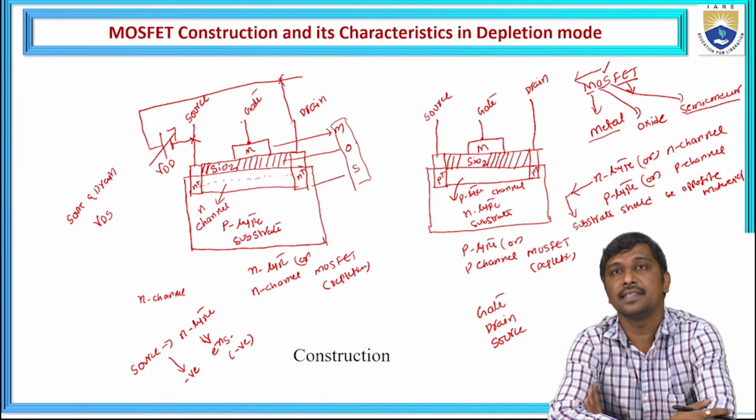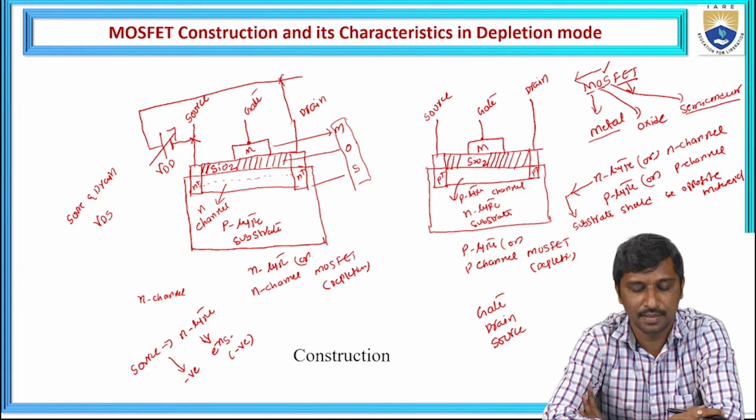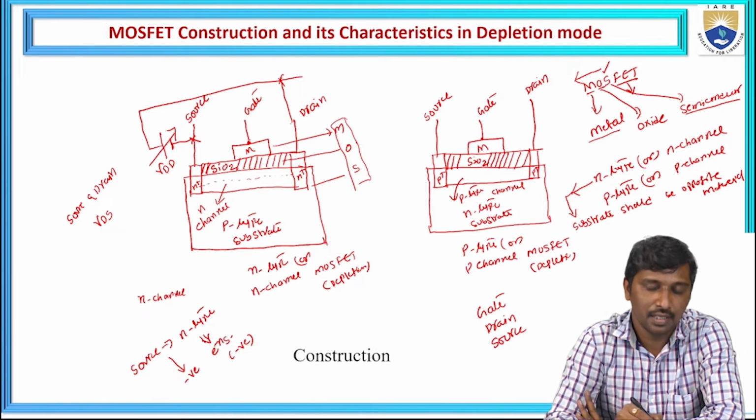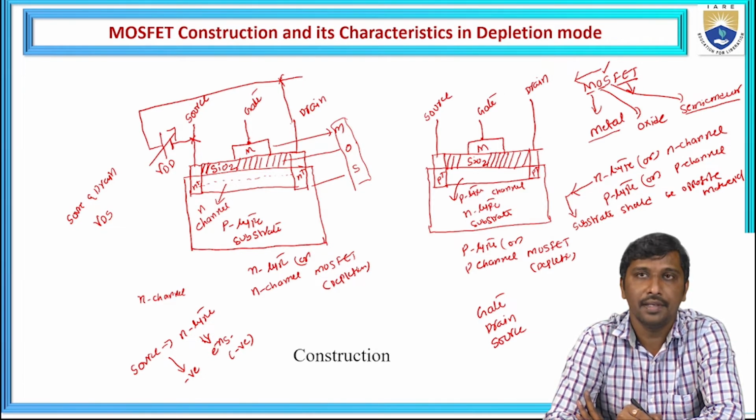Which type of biasing is required: is the gate biased positive or negative? When the gate is not biased with any electric field, it does not affect the channel.